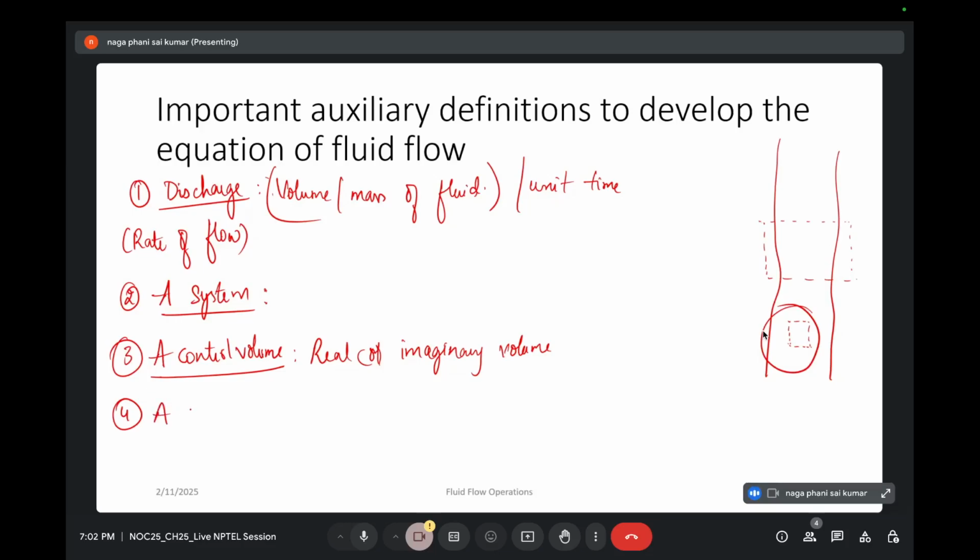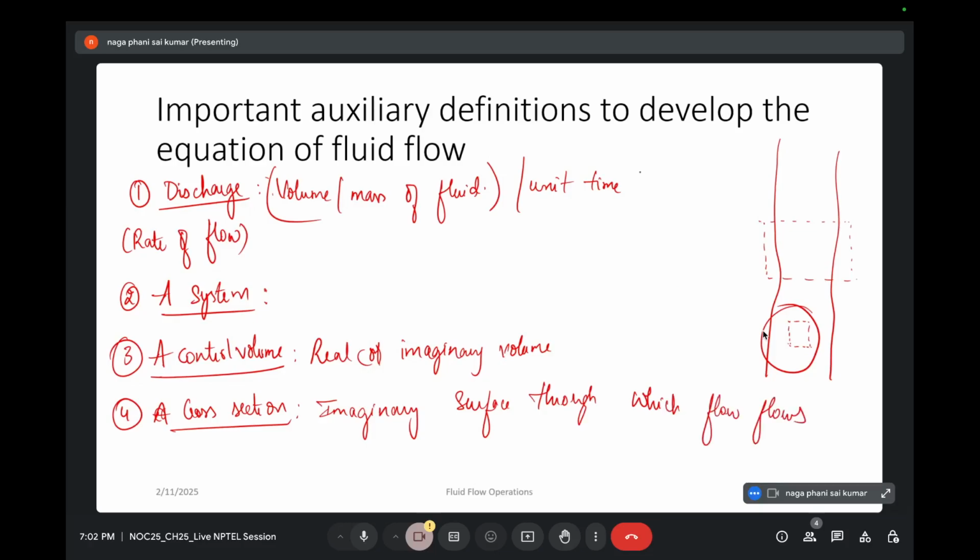And then we have cross section. Again, a cross section is an imaginary surface through which the fluid flows. Let's say a liquid is flowing through a pipeline.